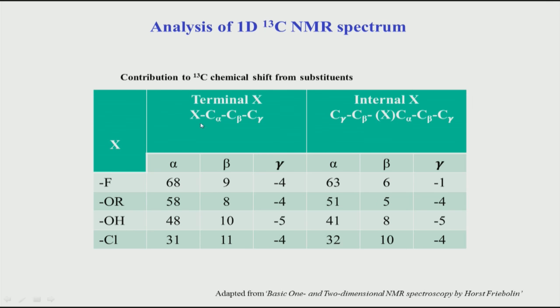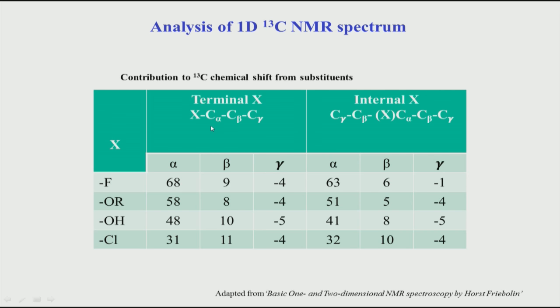So, what is the influence of this X on this and this carbon? For that you have to look at this table: if you want to look at the contribution of this X on this C alpha, then you have to look at this column here. If the substituent is a fluorine, then you have to take 68 as the contribution. This you have to add to the base value.